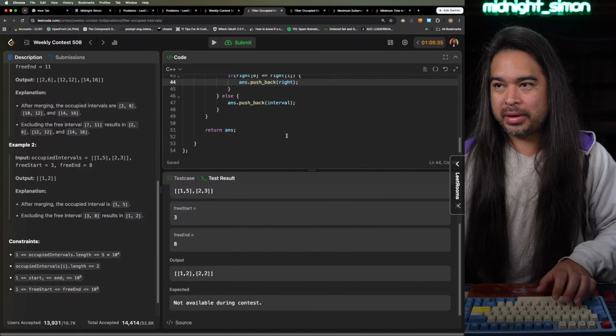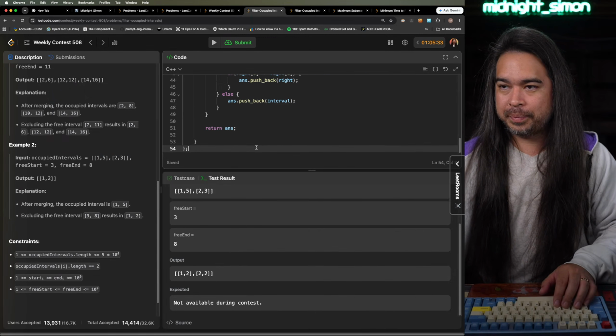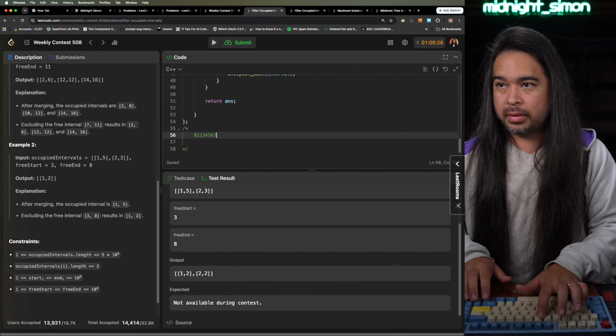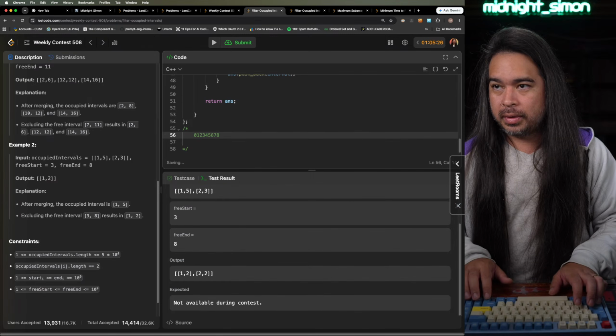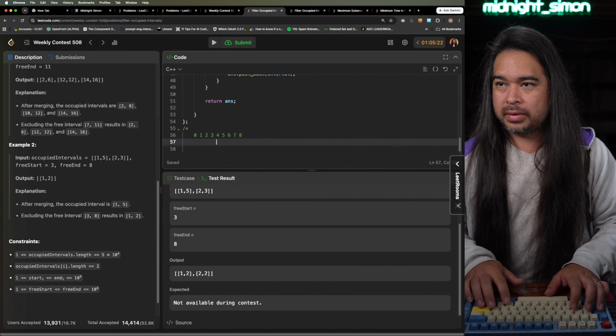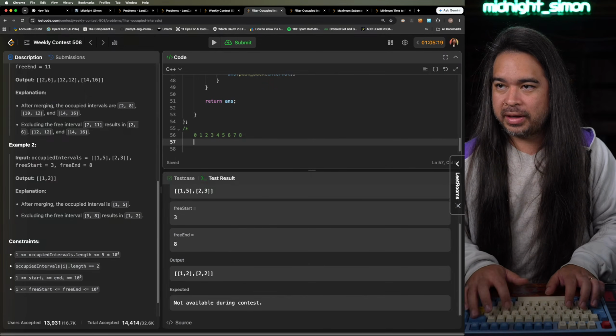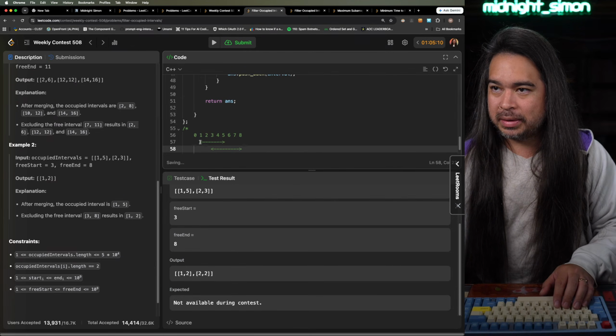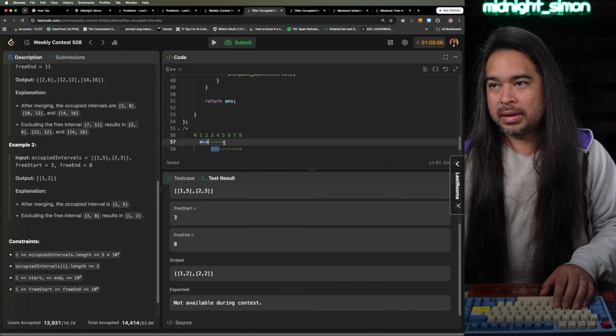They're overlapping. Let me draw them out, man. So we're coming in with 1-5. And then we also got 3-8 as our bad interval. So I'm saying we should have this part, the 1-2. And then that's it.